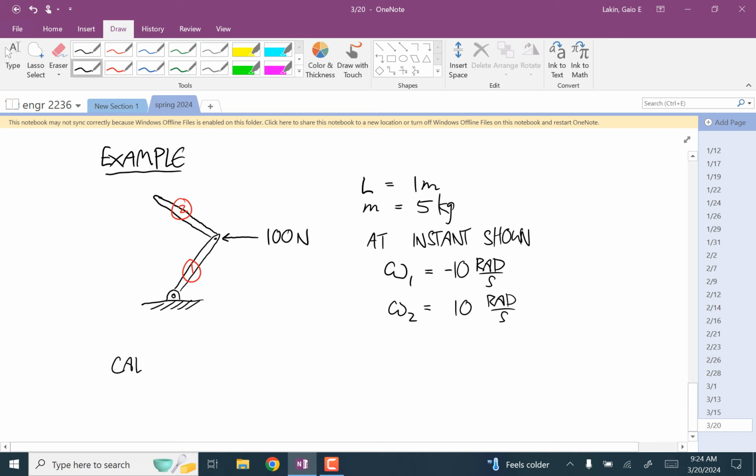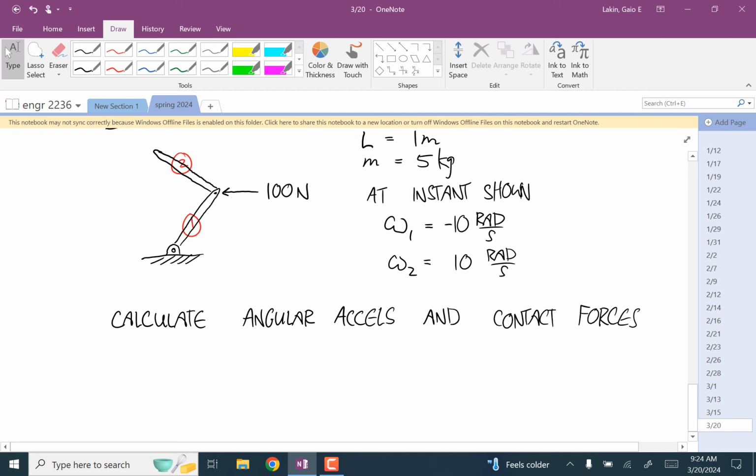And let's say we want to calculate the angular accelerations and the contact forces applied between the members.